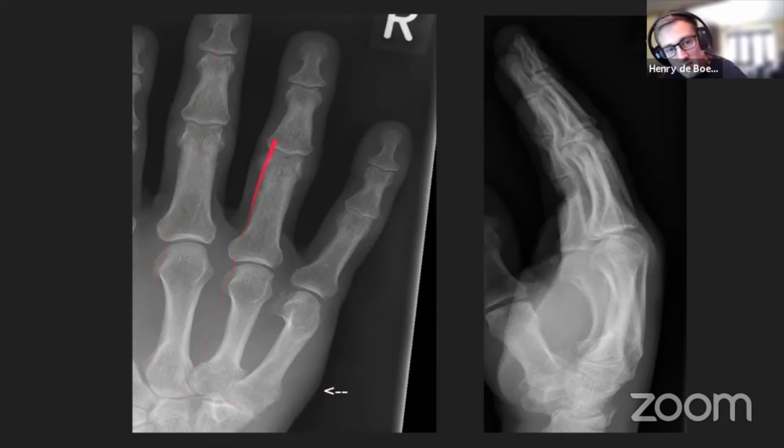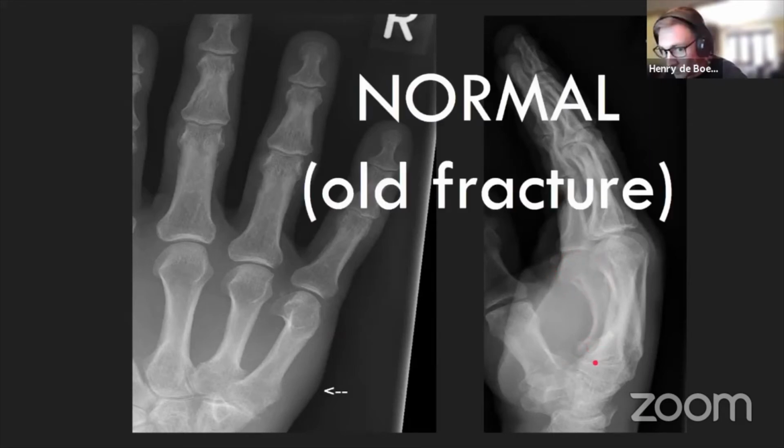Tracing the cortices. So if something here is not right, bit of deformity, but there's no step in the cortex and there's not really a lucent line. The alignment otherwise looks fine, joints look okay, soft tissues look okay. So we look on the lateral. And again, we see this deformity, but no acute fracture. So this is normal, but there's an old fracture here. So it's a previous boxer's injury.